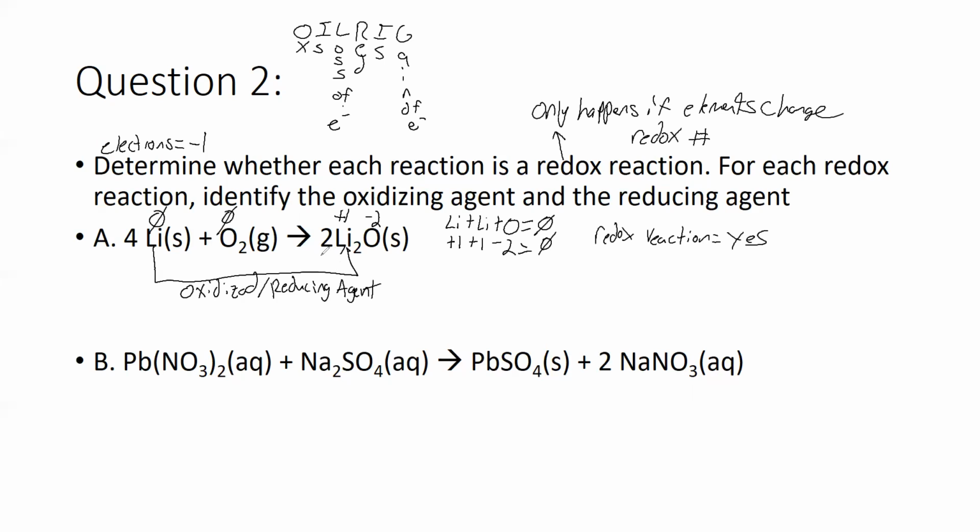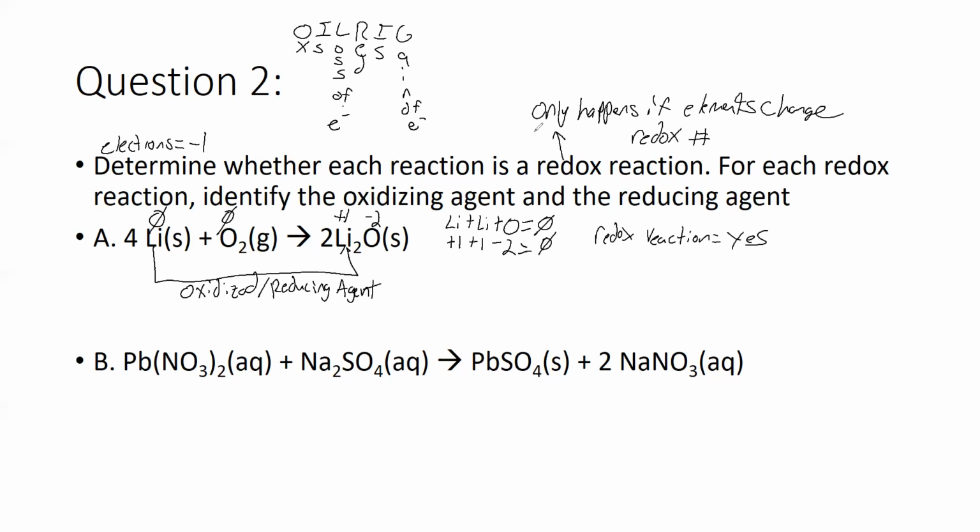I know it's confusing, but what this means is, if you're the reducing agent, you caused something to be reduced, or you were oxidized. So that's lithium. Now let's do oxygen.